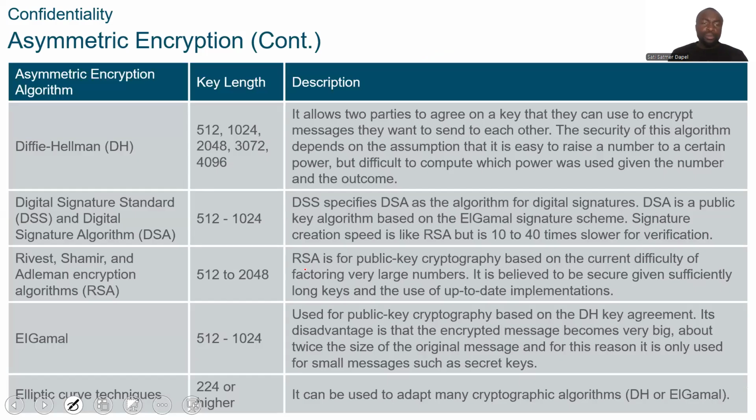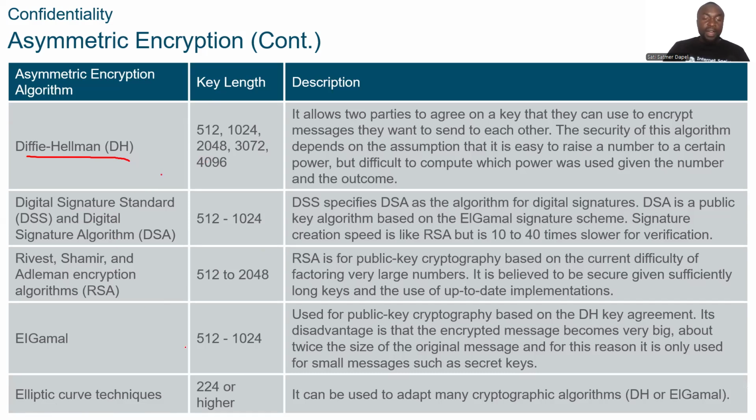So we have some examples, where we have Diffie-Hellman, very, very popular. It allows two parties to agree on a key that they can use to encrypt the message they want to send together. The security of this algorithm depends on the assumption that it is easy to raise a number to a certain power, but difficult to compute which power was used given the number and the outcome, okay?